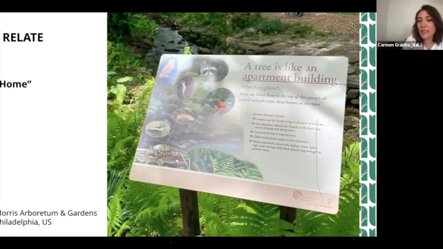And the whole panel revolves around the concept of home. So, for example, home sweet home. Insects live here. Birds live on this other floor, etc. So the concept of home is making that relate job.